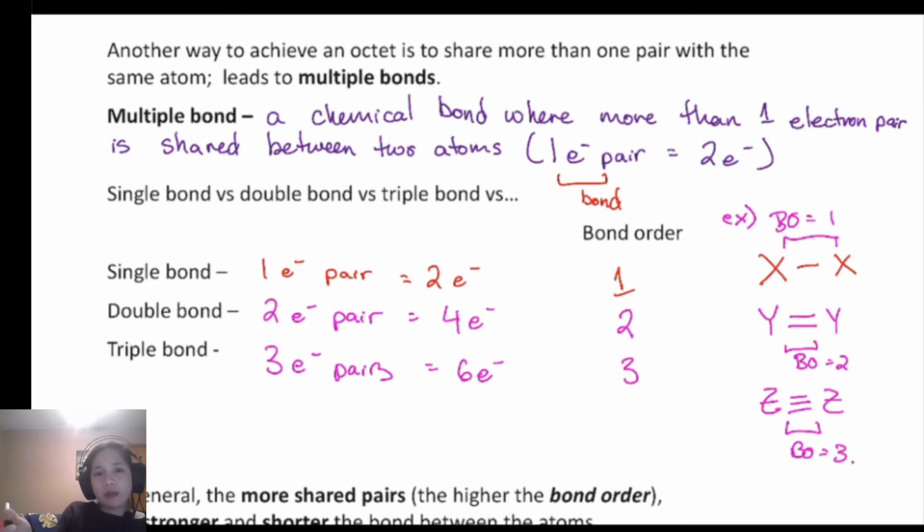So I told you that in my graduate work, I worked with substances that contained multiple bonds. Personally, I worked with compounds that contained quadruple bonds. Quadruple means 4 electron pairs and a total of 8 electrons involved in that bond between a molybdenum and molybdenum core, and the bond order in that compound was 4.